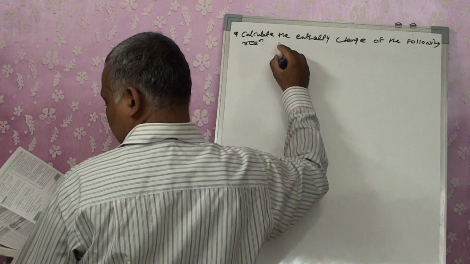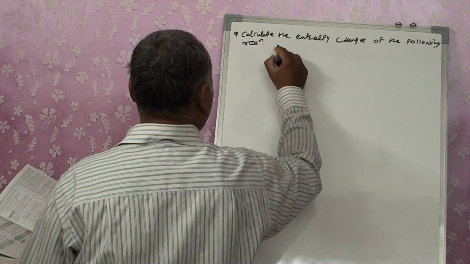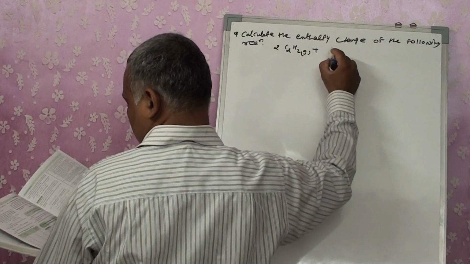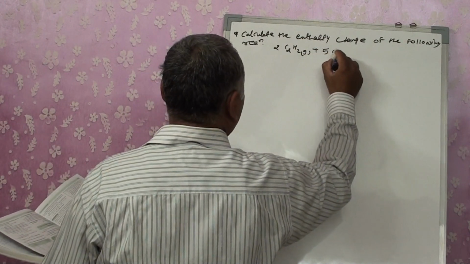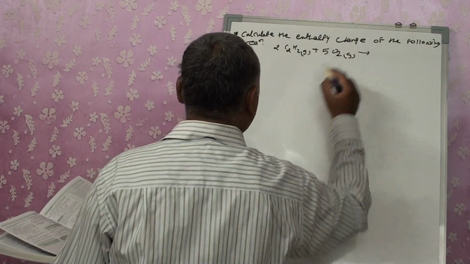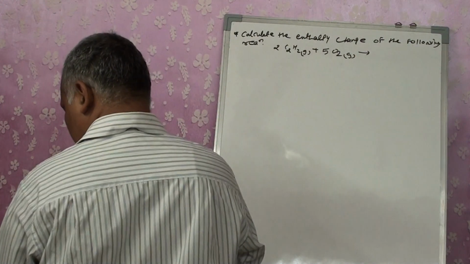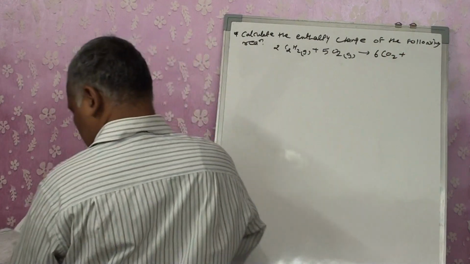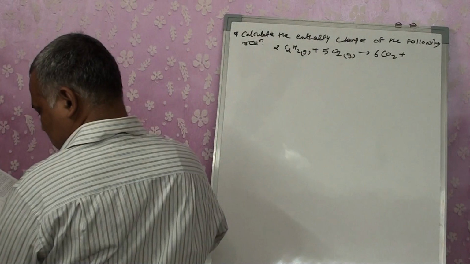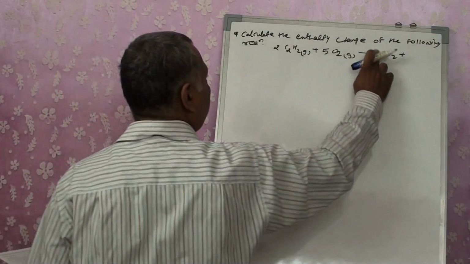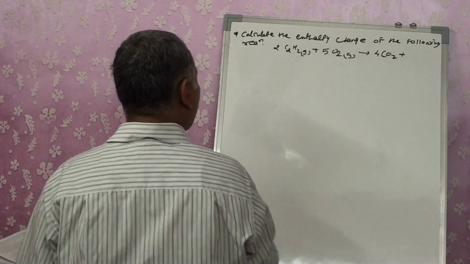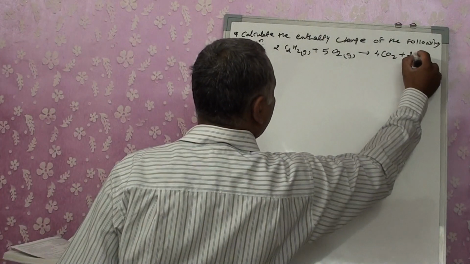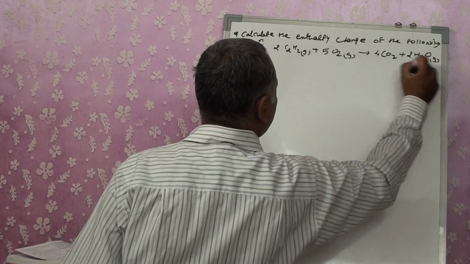The reaction that is given to us is 2 moles of C2H2 plus 5 moles of O2. It gets converted into 4 moles of CO2 plus 2 moles of H2O.